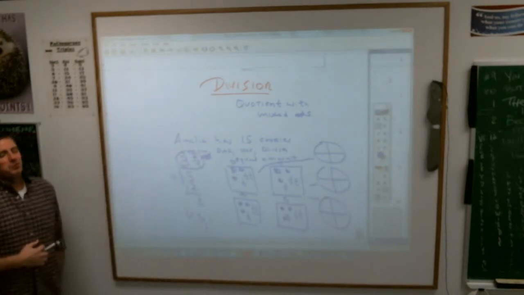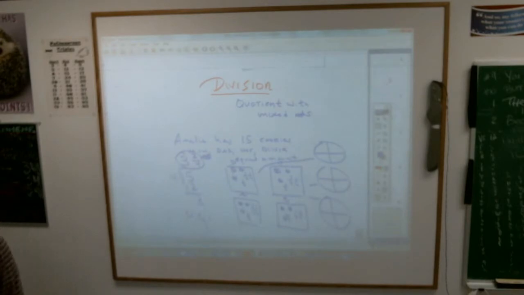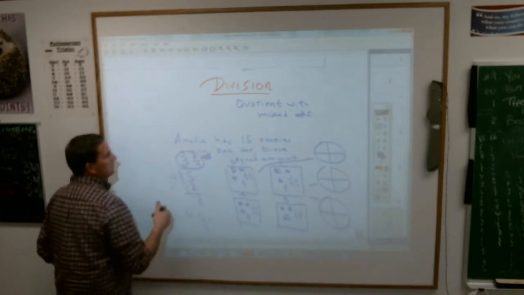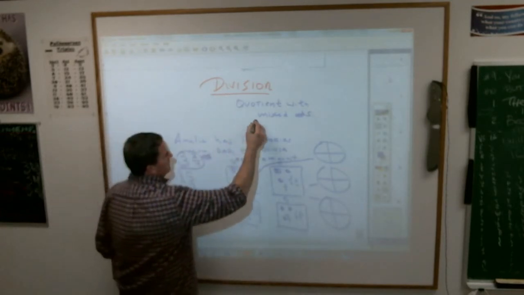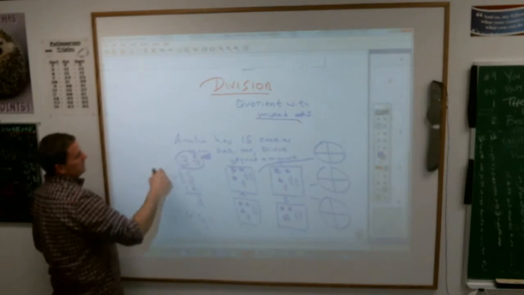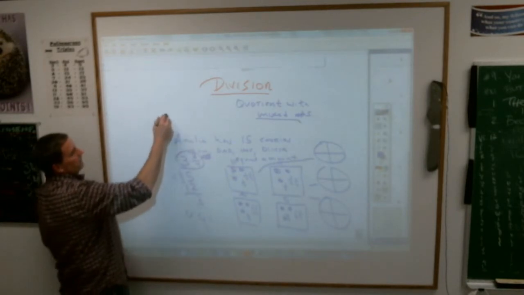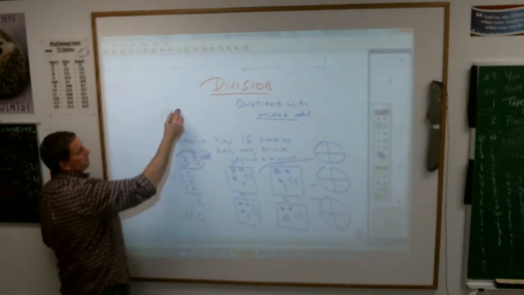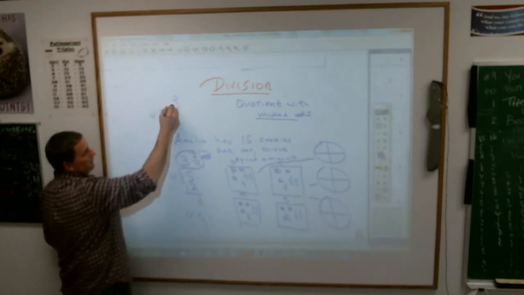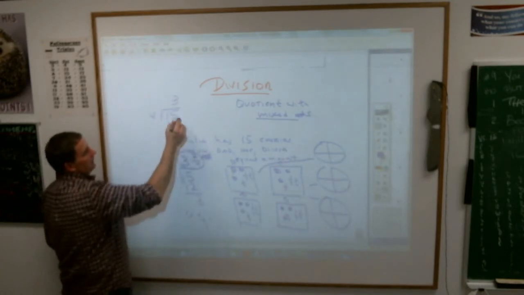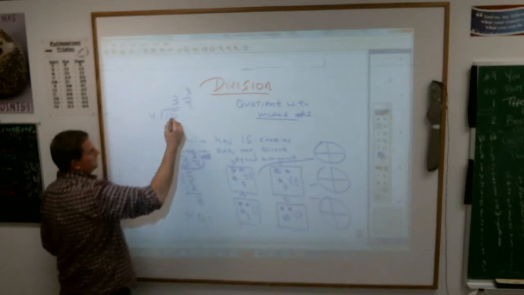But rather than drawing the pictures, because nobody wants to sit and do that, it's easy with cookies and small numbers, but if you have really big numbers, what is the rule for division, writing them as mixed numbers? When we did 15 divided by 4, we ended up with 3 and 3/4.